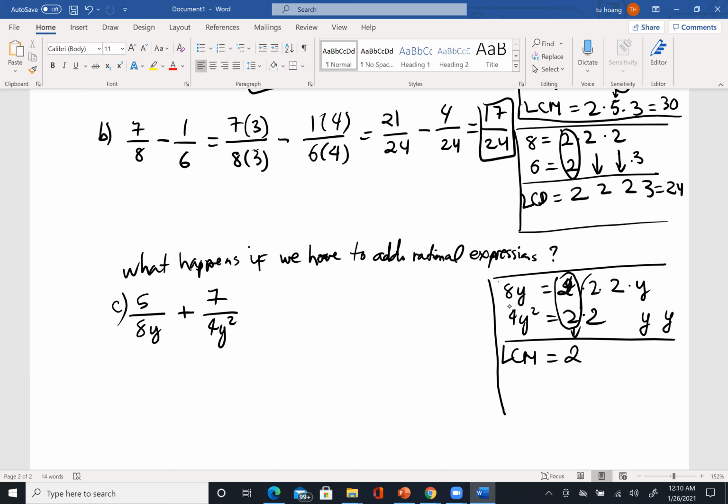Another common factor will be only the number 2. And then this one doesn't have one, so the number 2. Common factor y, then you have only one y. And then another y that doesn't have any common factor. So if you simplify, then you're going to have LCM equal to 8y squared.